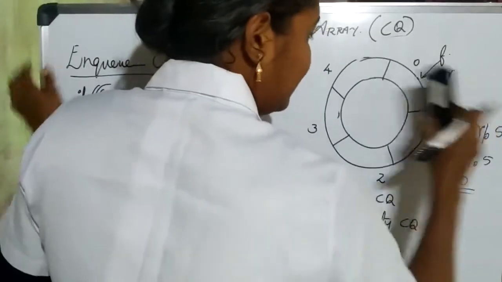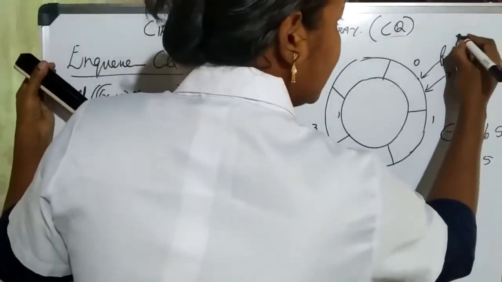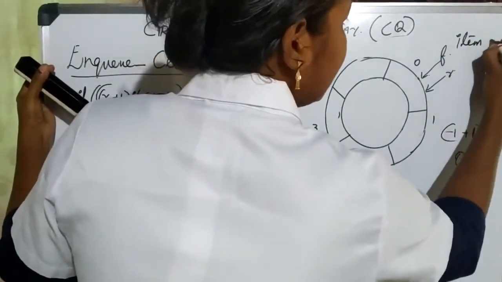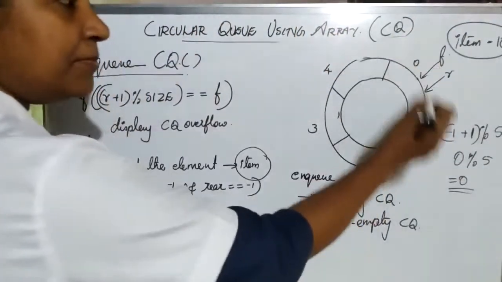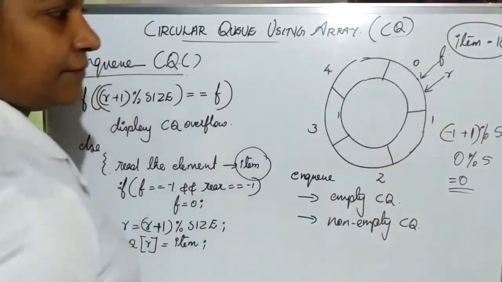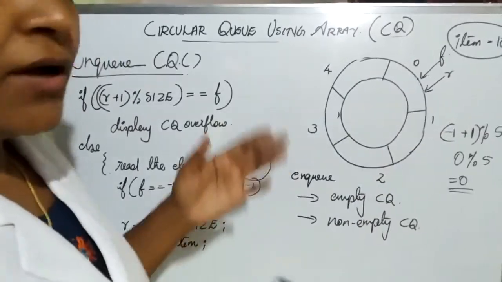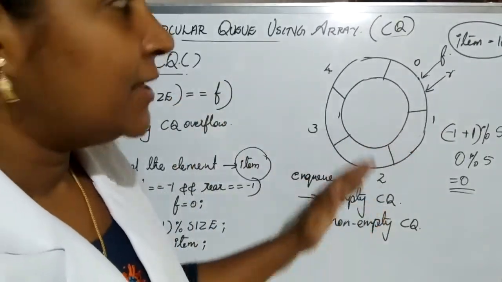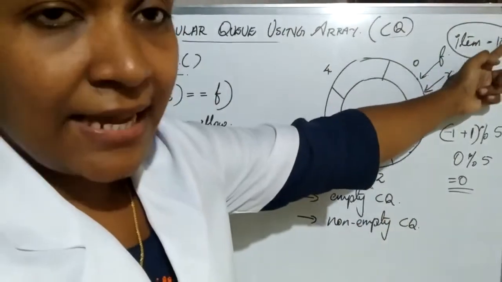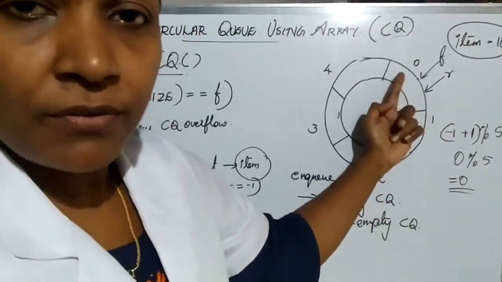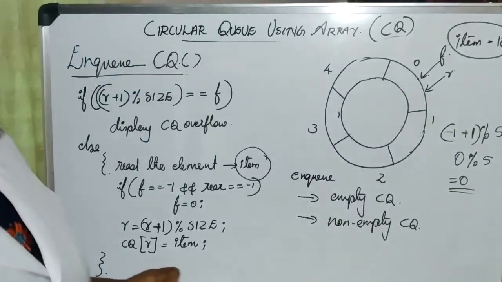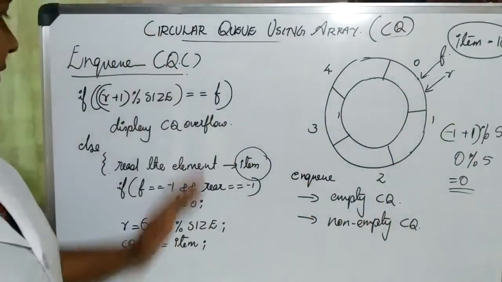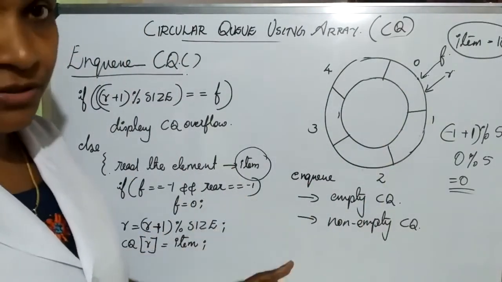Right now we have the element ready in variable item and we have made both the pointers F and R point to the first location. The only remaining thing is to assign the element 10 to CQ of 0. For that, CQ of rear is equal to item. Clear? So this is the NQ operation of a circular queue.